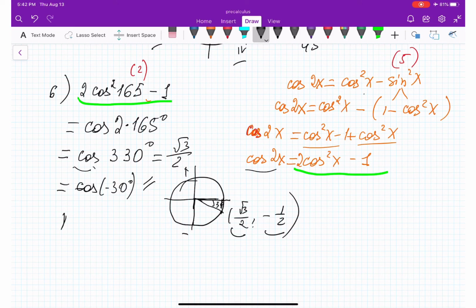So the answer is square root 3 over 2. If we would need sine 330 degrees, then we would get negative 1/2, because first comes cosine, second comes sine. Okay? All right, let's move to one more question, tangent. We will use tangent in this case.